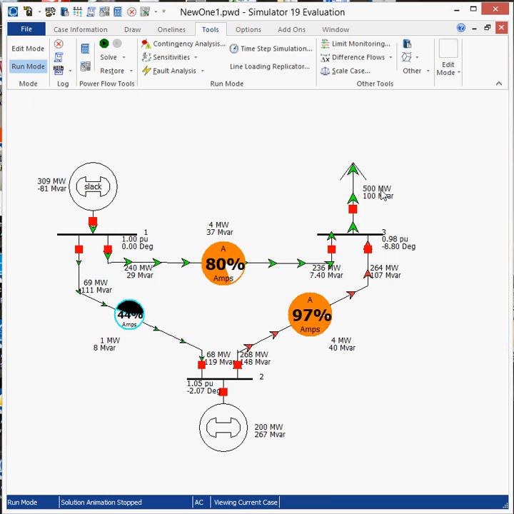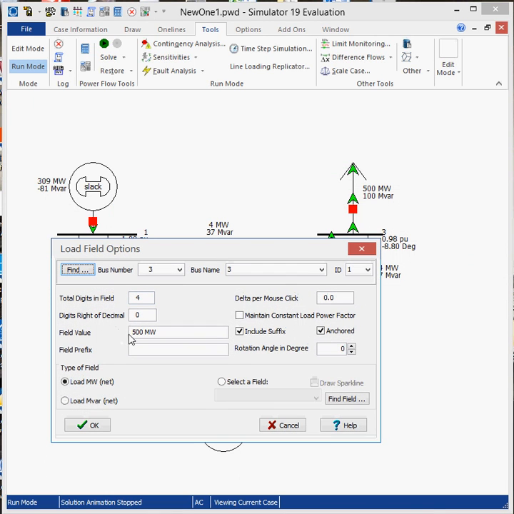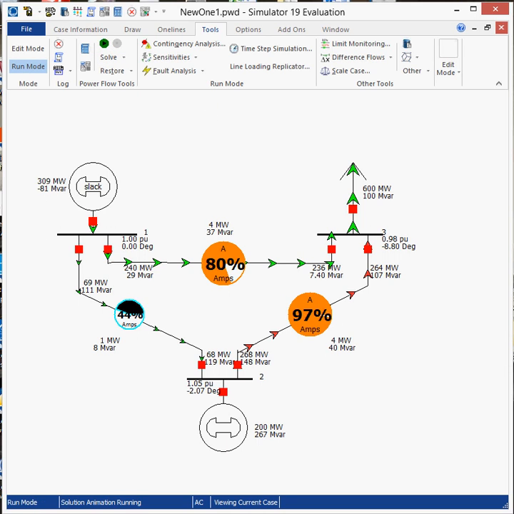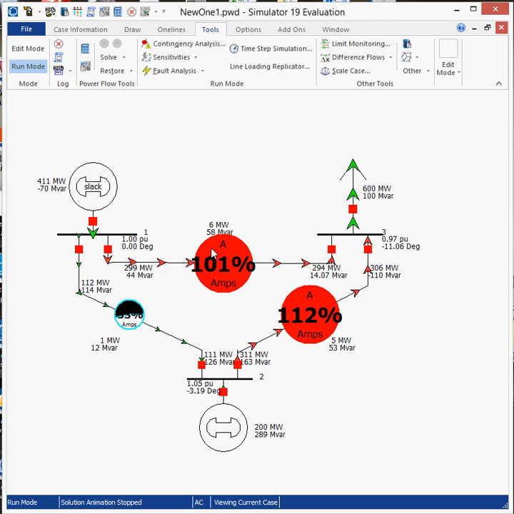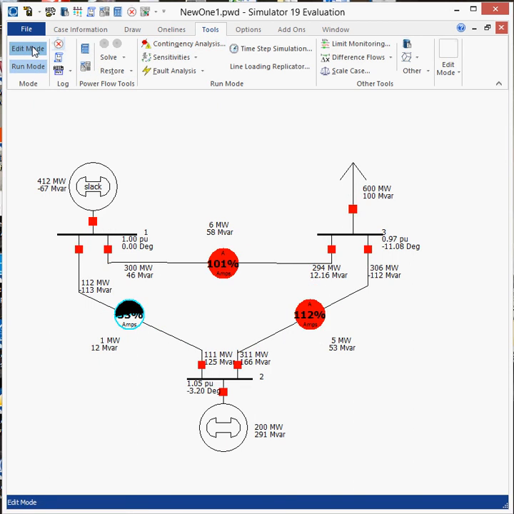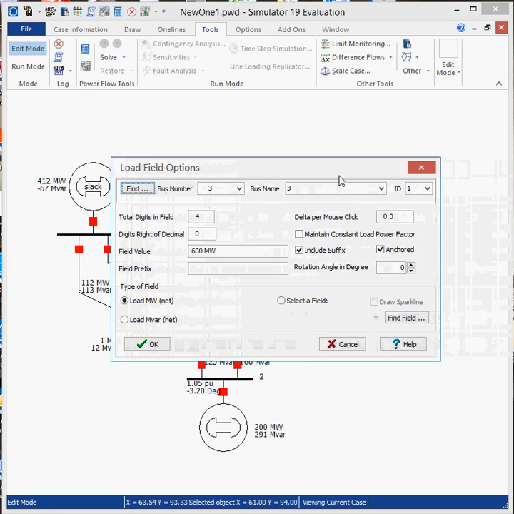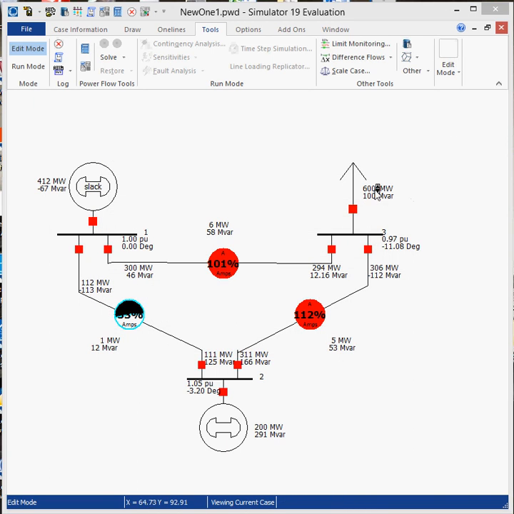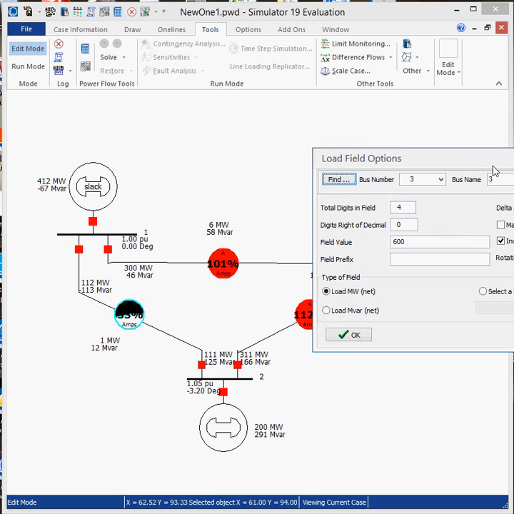Okay, so let's say if the demand requires extra megawatts, let's say you put 600 megawatt here, so these two lines will be overloaded. Okay, so you can increase the load.